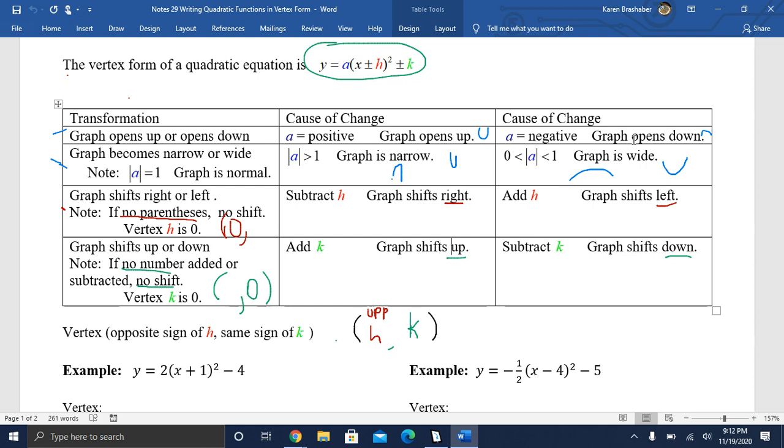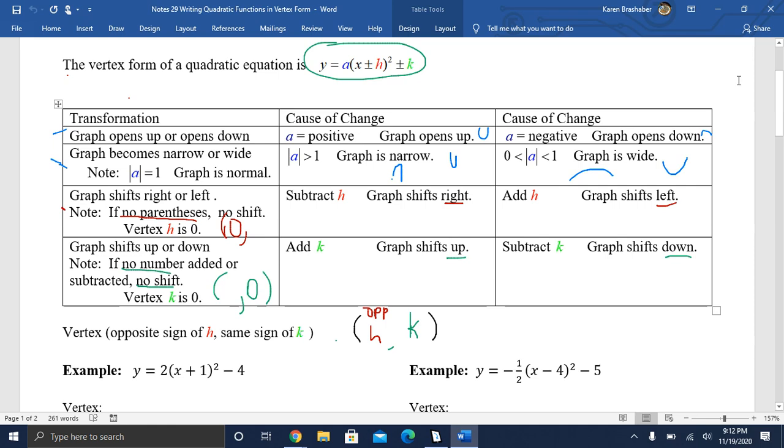And if there is no parentheses, then you'd use a 0. If there's no number added after the square term, then you'd use a 0. So it's possible that your vertex could be 0, 0. So I thought we'd look at some review problems to get started.